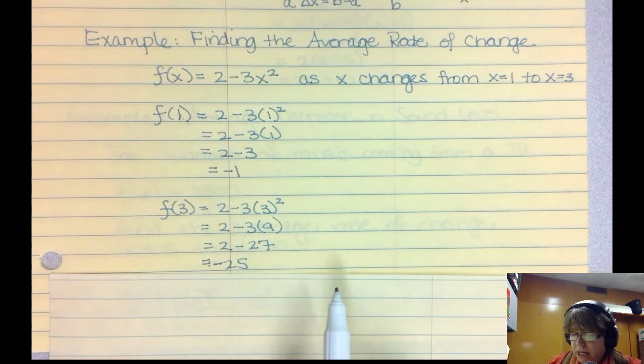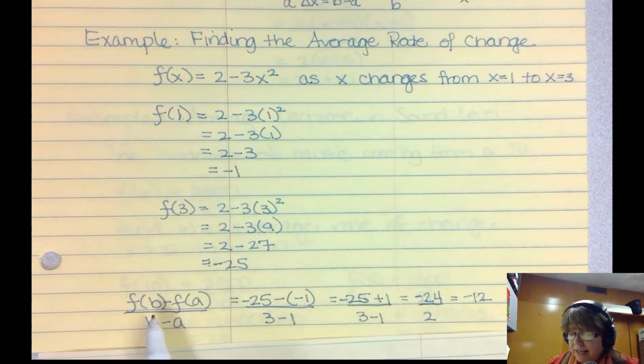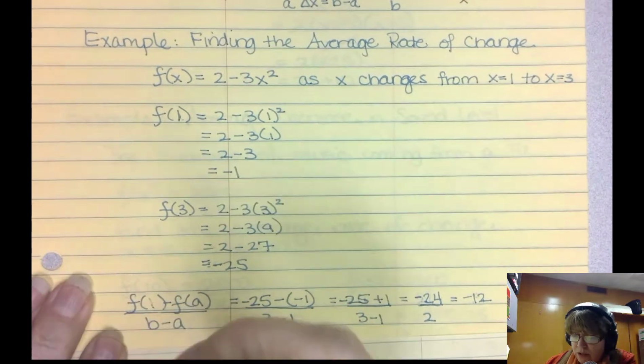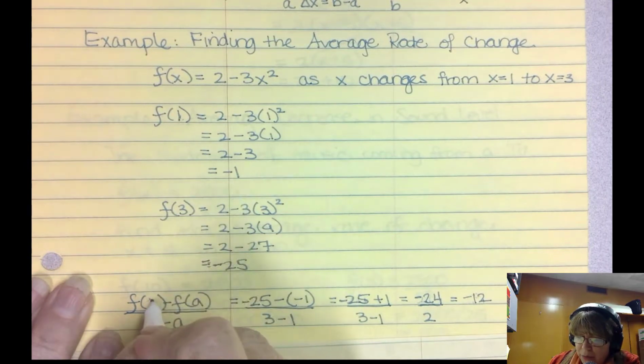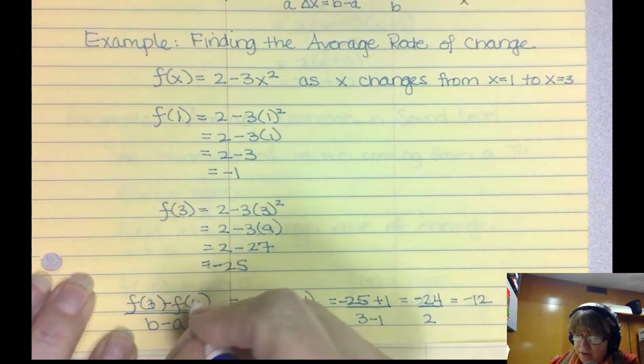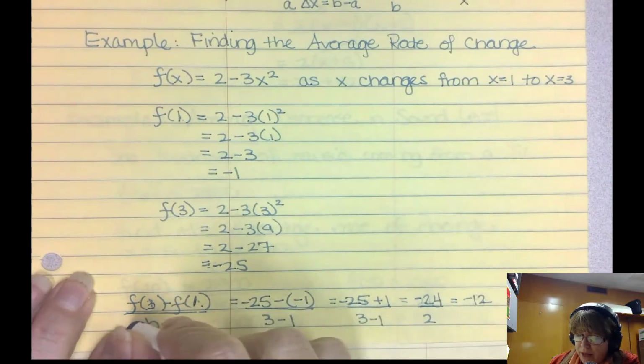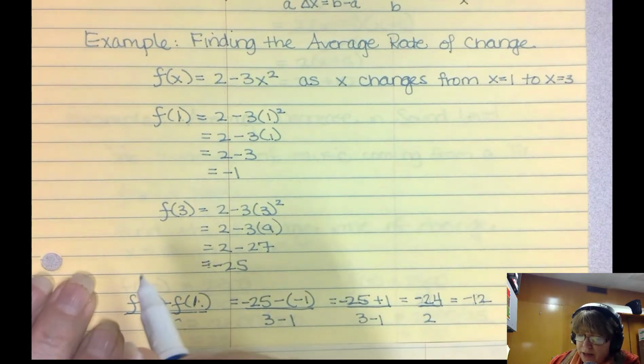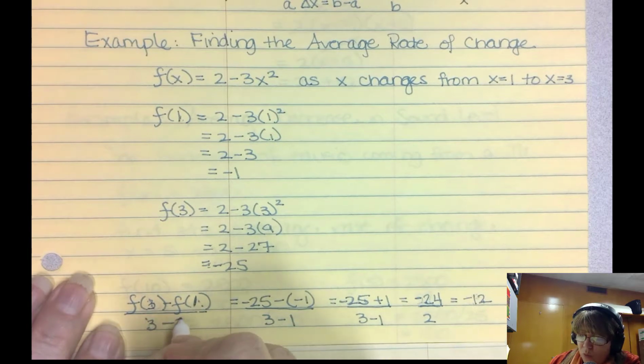All right, so our formula is f of b minus f of a, all over b minus a. Now when I'm putting in these values, this is really f of 3 minus f of 1, and the bottom is 3 minus 1.